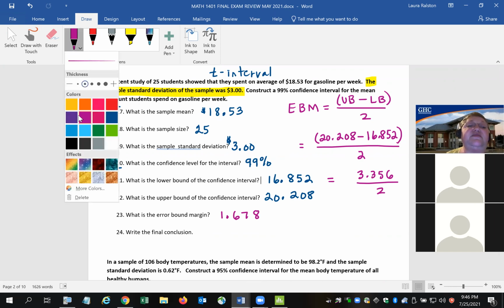Then you write the conclusion. And again, this is one of those conclusions that's pretty standard. It's kind of a formulaic statement.